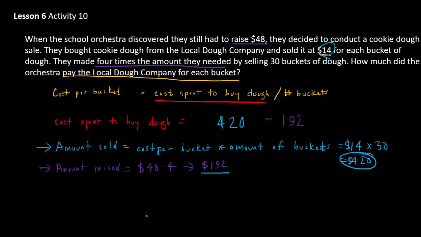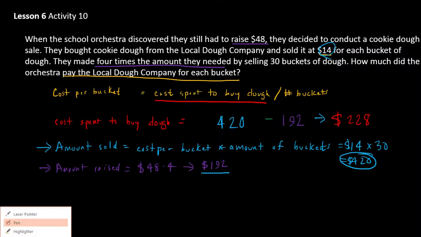Okay, so that means if they sold $420 but only raised $192, that means they spent $420 minus $192, $228 buying the dough. They spent $228 buying the dough.